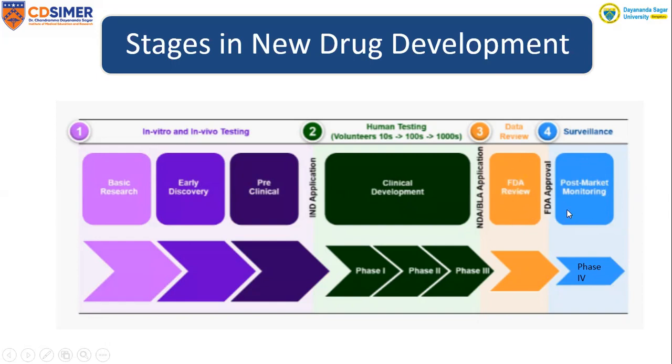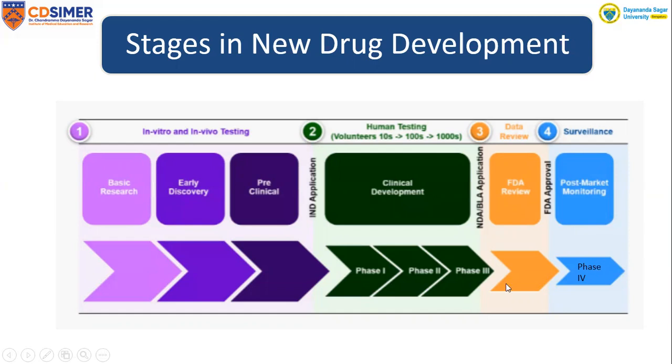After that, once the drug is in the market, thousands, lakhs, or millions of doses will be used. At that time what can happen? A lot of adverse drug reactions can crop up, and you can see that there are so many drugs which are removed from the market within 1 to 2 years after marketing.